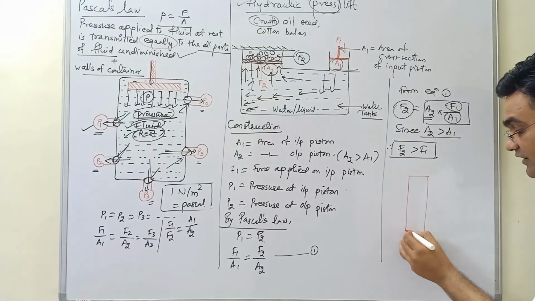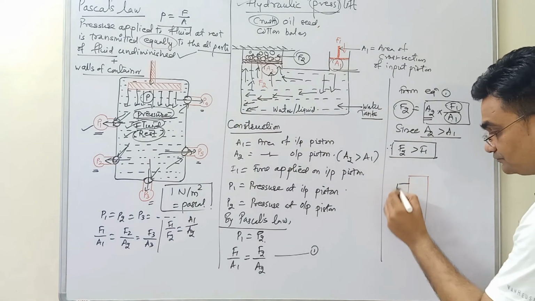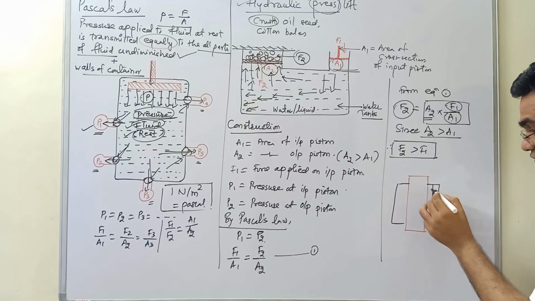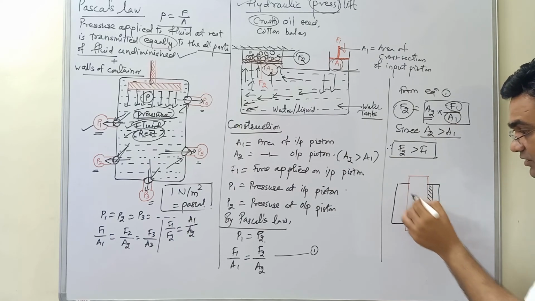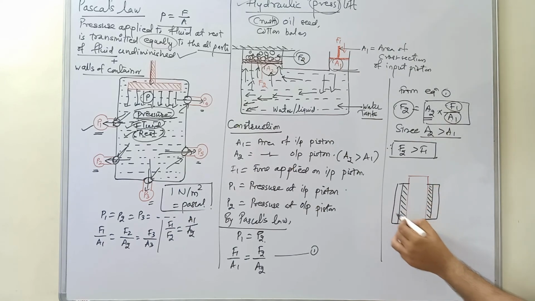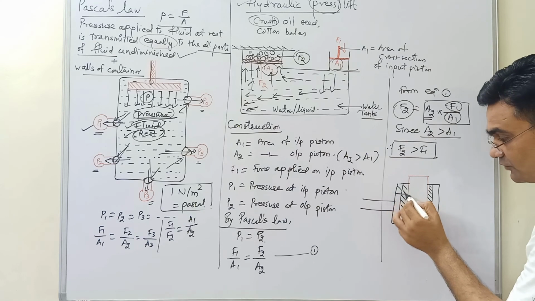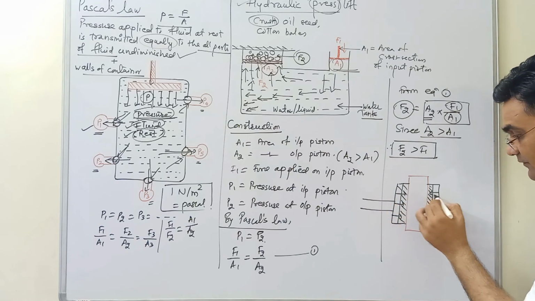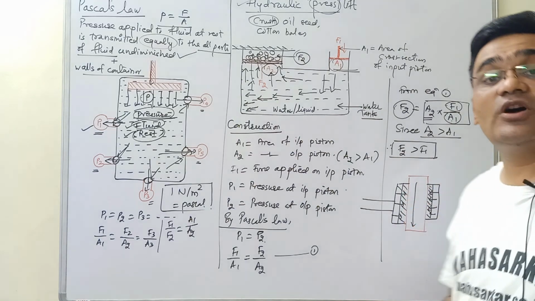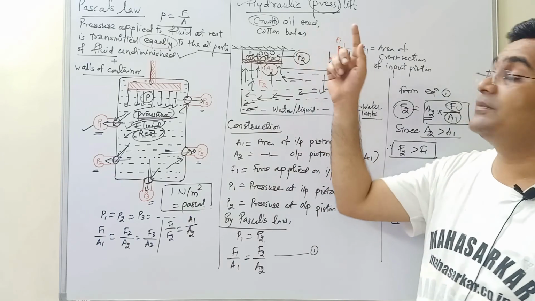If this is the wheel, then that wheel is connected to two small tanks with rubber pads. Initially fluid is filled, and when force is applied, those rubber pads move forward with larger force, and because of that larger force this wheel stops instantaneously. So these are the applications of Pascal's law.